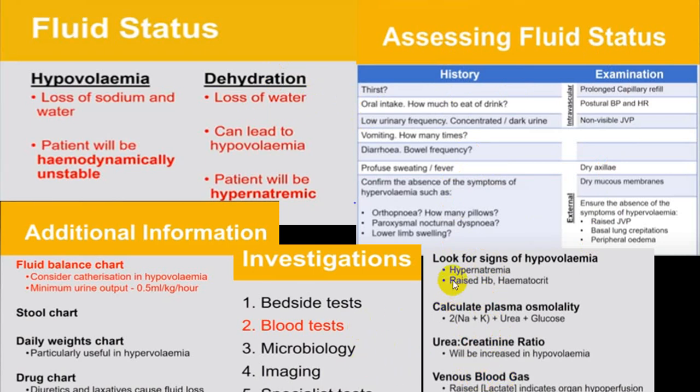So those will be some of the things which will be required before you decide regarding the treatment part of it. So fluid balance chart will be very important, input and output chart, stool chart, whether he is losing excess of water by means of stool, daily weight chart, and what drug he is on should be maintained. So these are all the things which will be helping you to assess the fluid status.